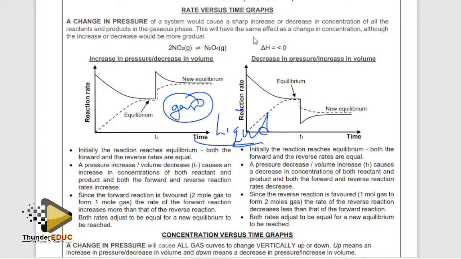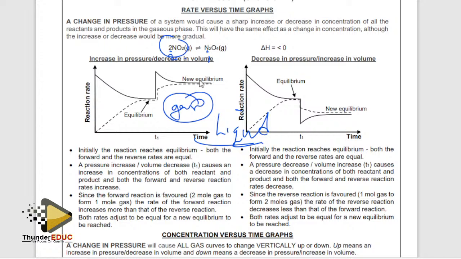For example, if this is 2 moles and this is 1 mole, when I increase the pressure here, what is going to happen? It means that the volume is going to decrease. You understand?